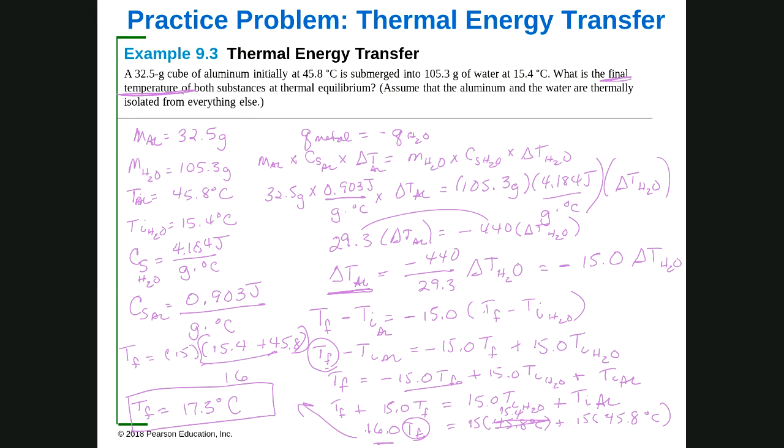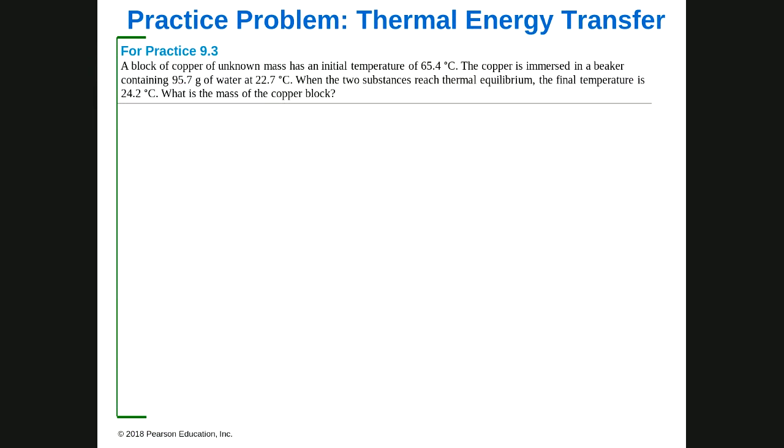You will be using the two objects, but it'll be more like the practice one that comes after this, where you're not solving for temperature, you're solving for mass. That's more like what you're going to see on the test, and that's more of a just plug in. You don't have to do all that change calculation.